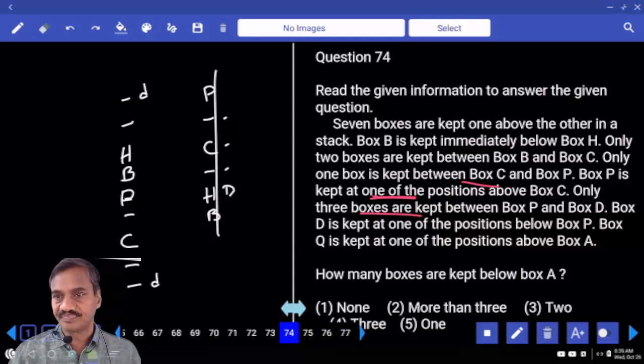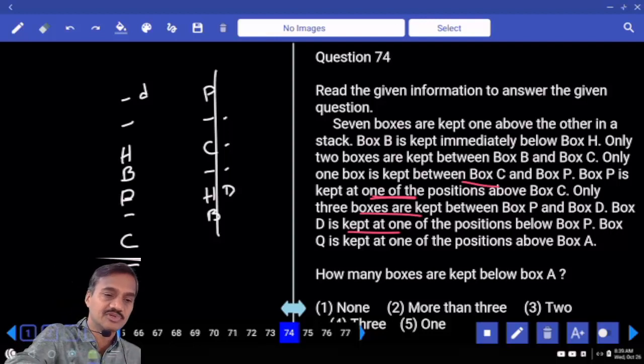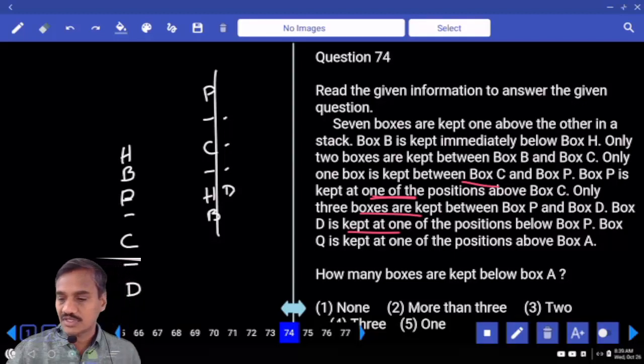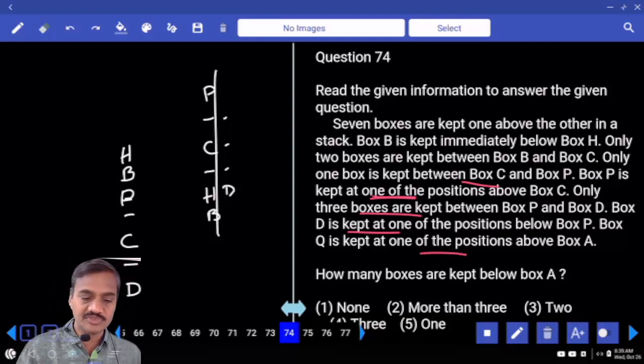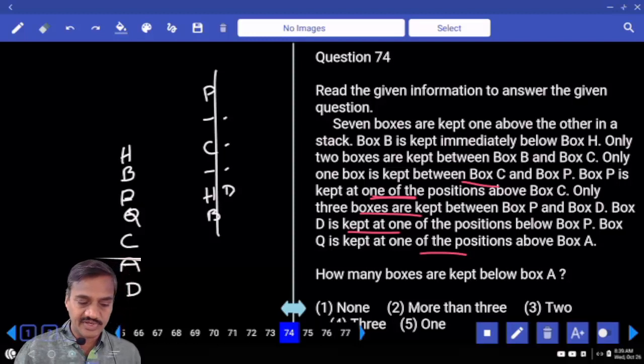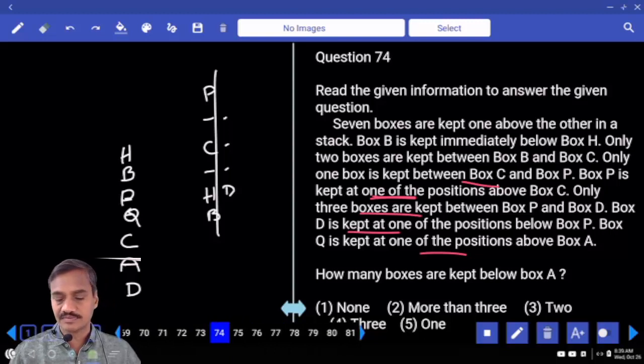And D is kept at one of the positions below P. That's called information. D is kept at one of the positions below P means D must be here. And Q is kept at one of the positions above A. Now Q is here and this is A. Now this is the final arrangement HB, PQ, CAD. That is question number 74 to 78.